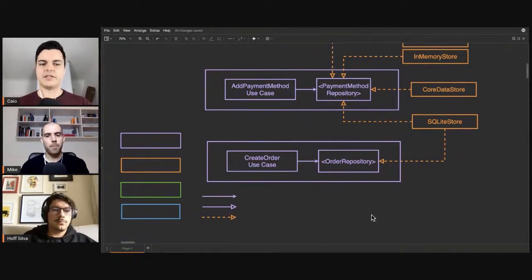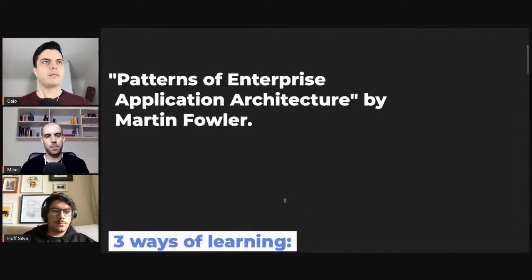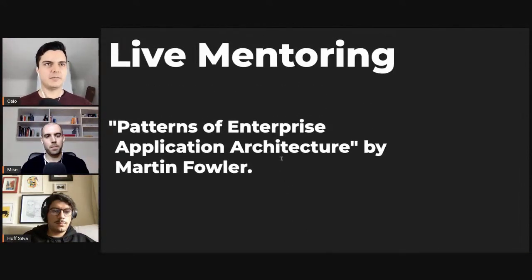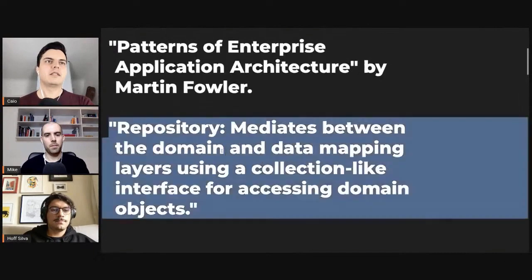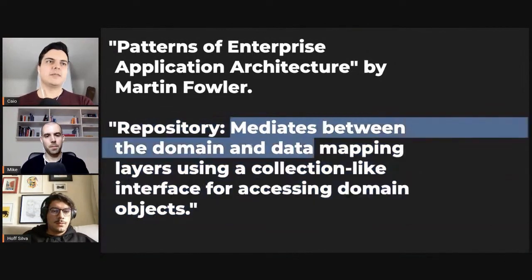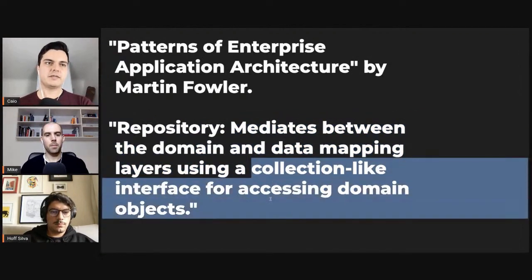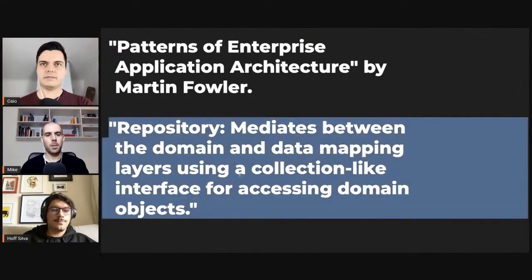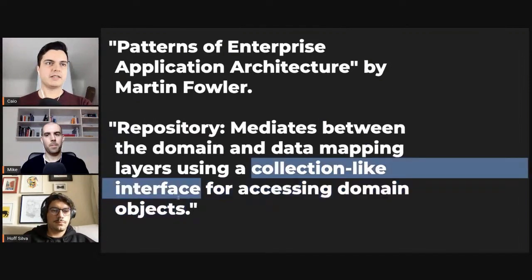If you're interested, there's this book called Patterns of Enterprise Application Architecture by Martin Fowler, where he describes the repository pattern. Nice. I will read it, certainly. It mediates between the domain and the data mapping layers using a collection-like interface.